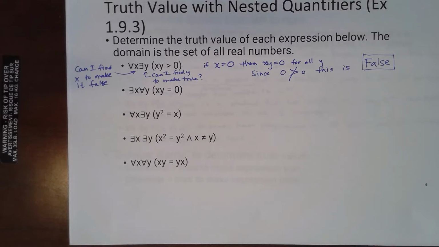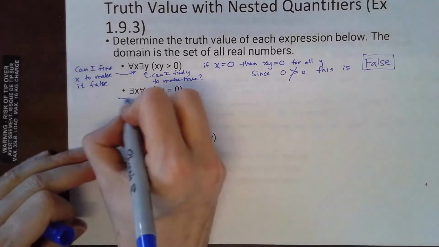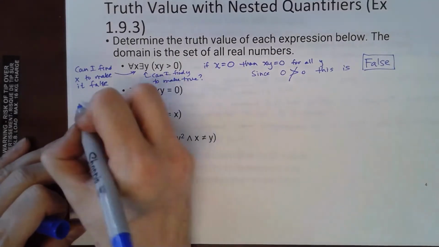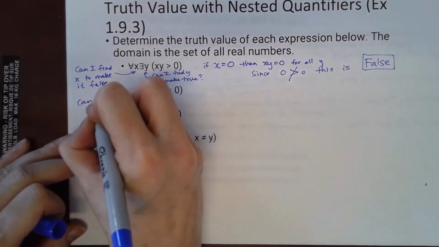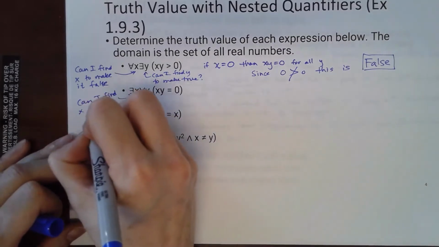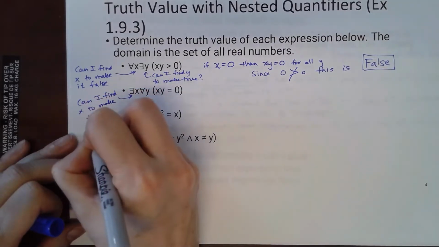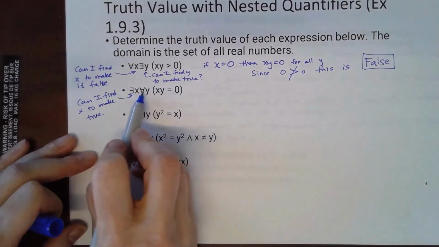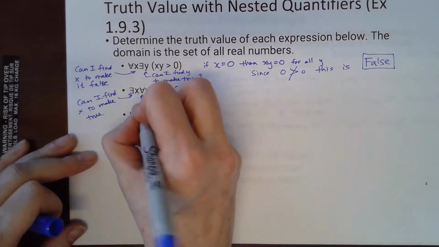Let's look at the next one. Now they're kind of changing roles. This time there's an existential with X, so this is trying to make it true. Can I find an X to make it true? And Y is being bound by a universal, that's trying to go false.